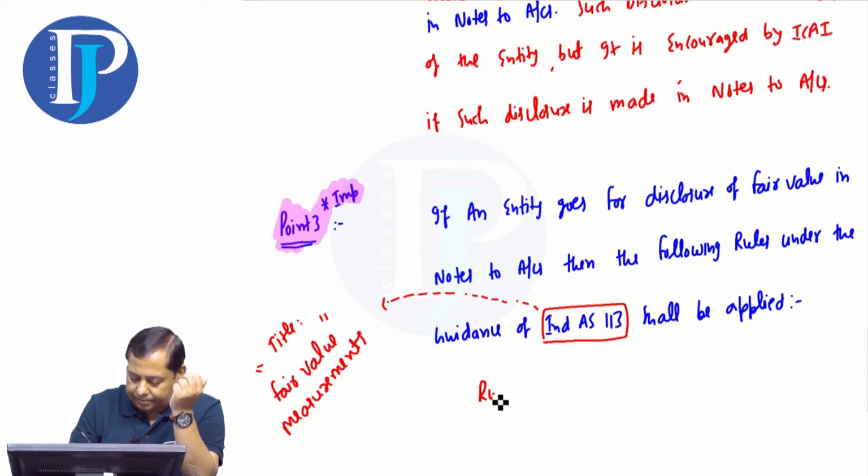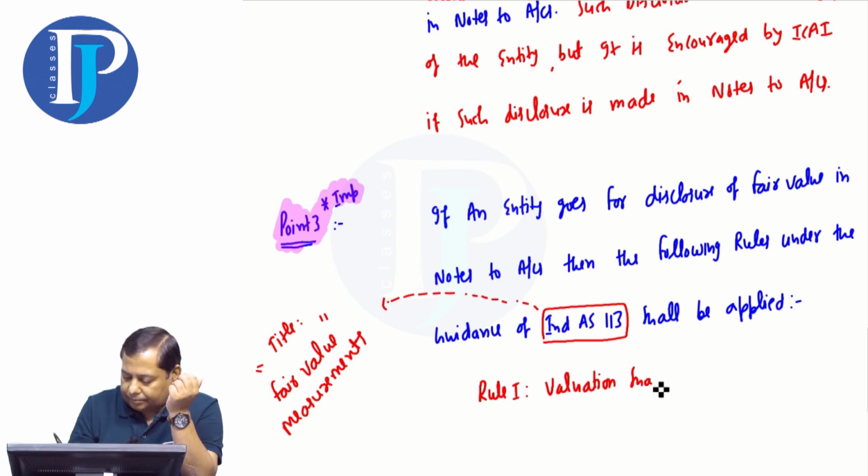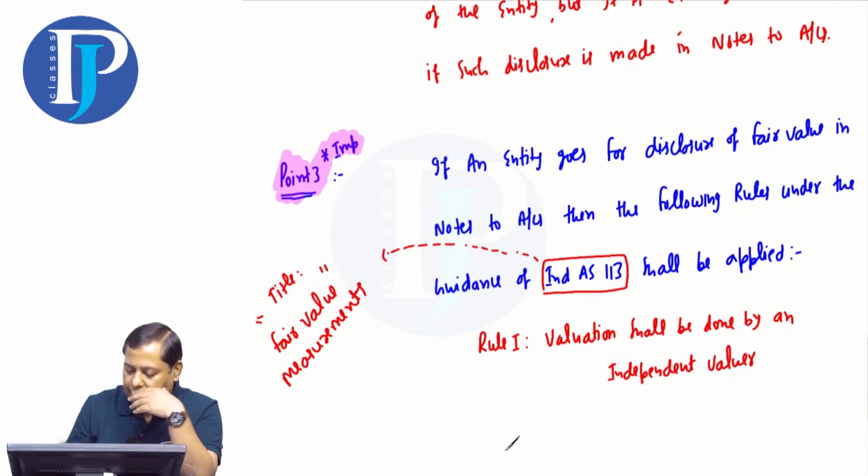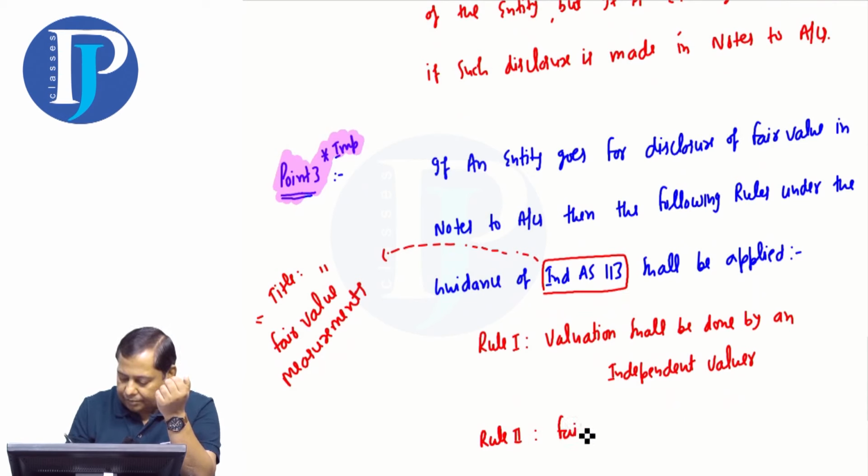Rule number 1. Valuation shall be done by an independent valuer. Independent valuer. Rule 2. Fair value shall be quoted as a single package.